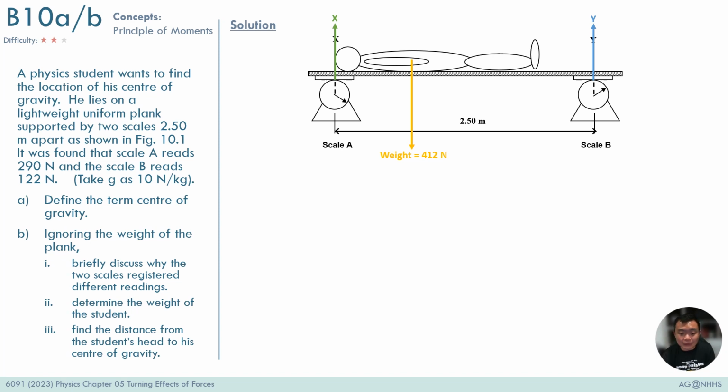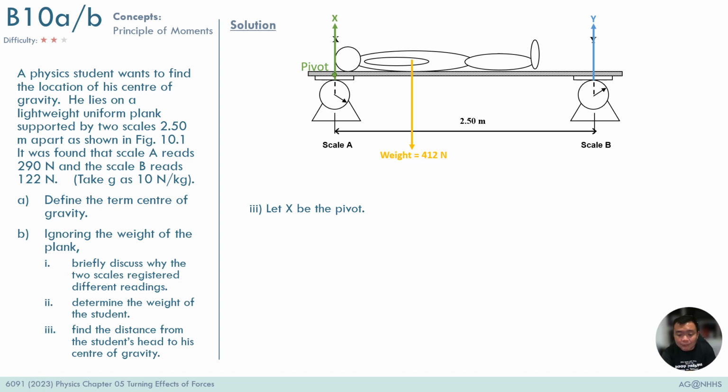And in this case, I will choose X as the pivot point. Now, if you are stuck at this question, I suggest you pause the video, and now that I tell you to let X be the pivot point, try to solve this by yourself using principle of moments. You should be able to get it. So do pause the video if you need to try.